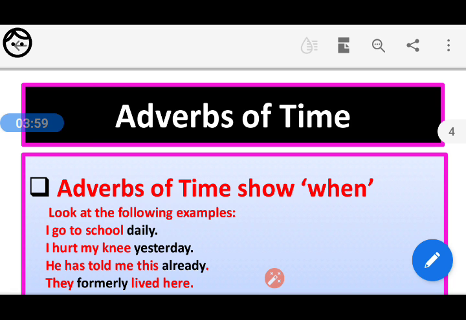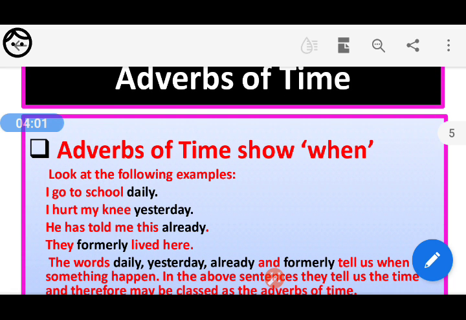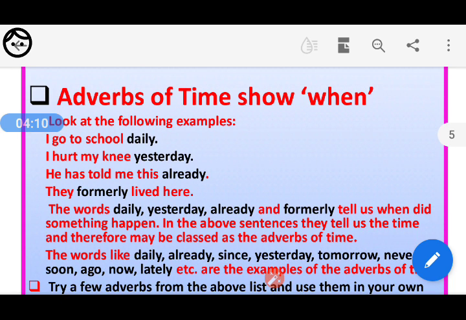They formerly lived here. Now you see, the words daily, yesterday, already, formerly tell us when something happens. In the above sentences, they tell us time and therefore may be classed as the adverbs of time.